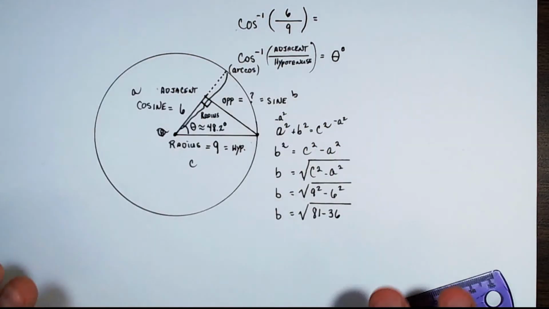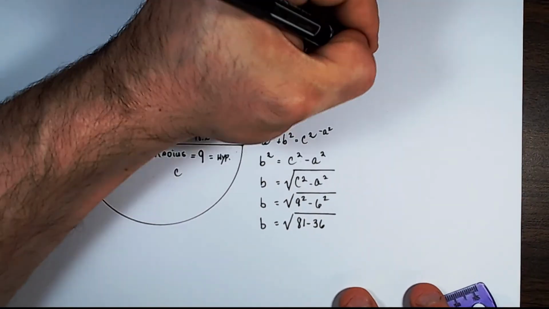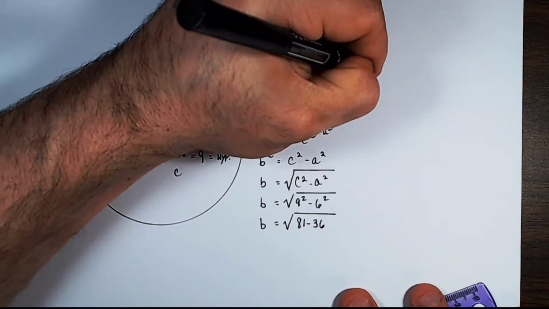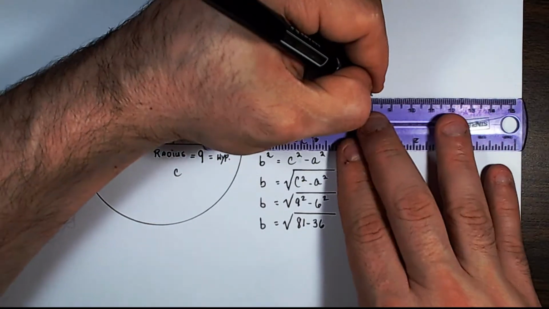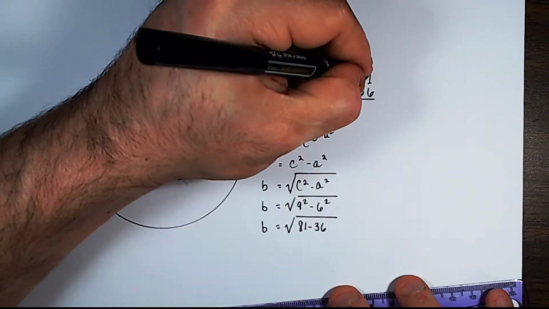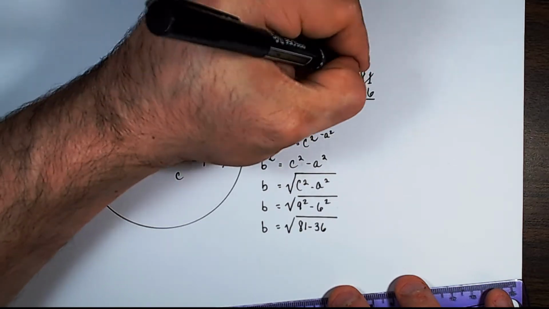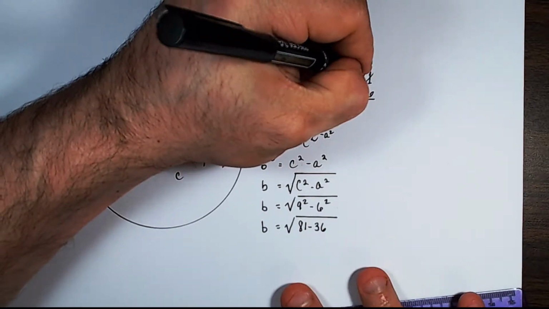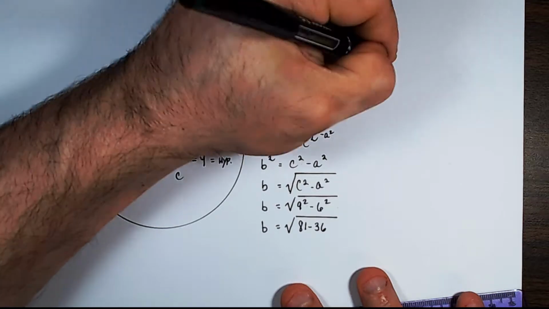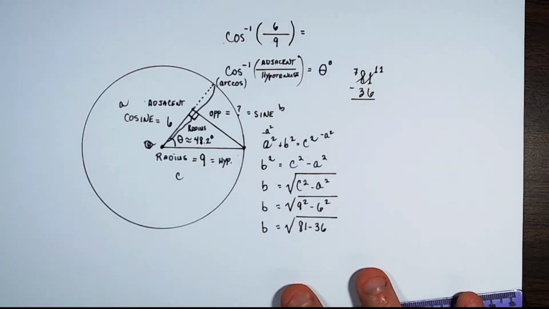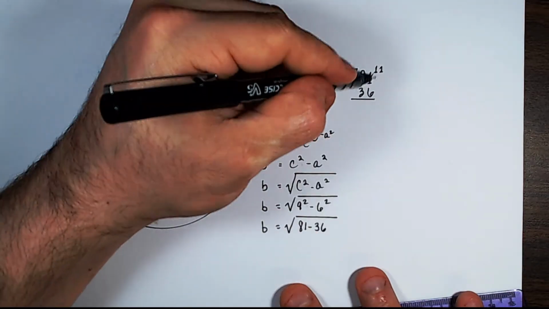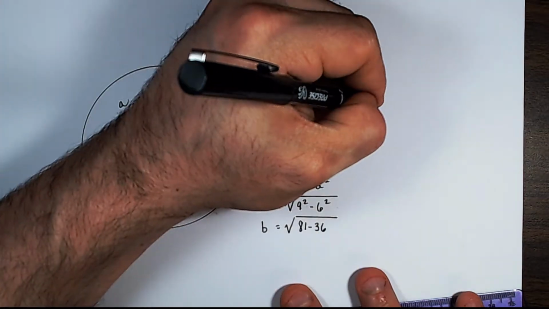Okay, good opportunity to practice subtraction. 81 minus 36. I don't have enough here, so I got to borrow from the tens place, make this a 7, and then this becomes 11 because you're adding 10 to that ones place. Now I subtract 6 from 11 and I get 5.